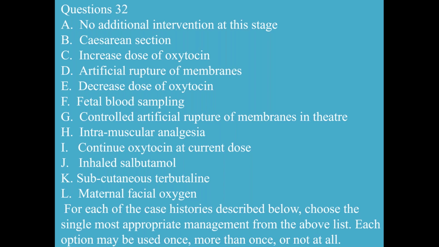I would say, I think increase the dosage of oxytocin. This is my option, I don't know. Let's see. No additional intervention at this stage, continue dosing at the current dose, because she is still in the latent phase of stage 1.